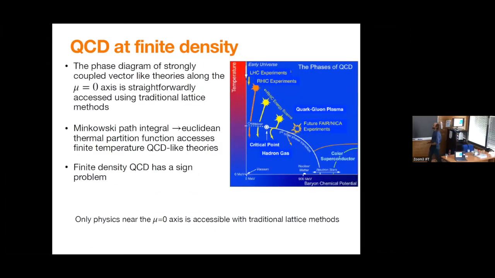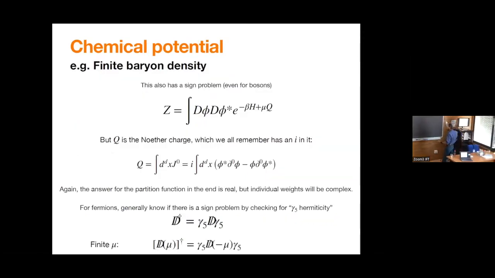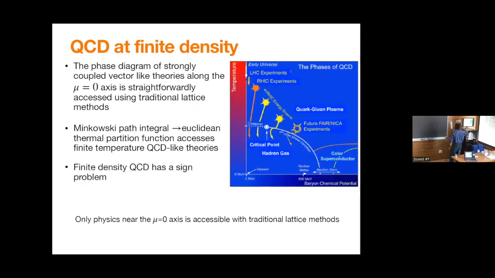Very good. Okay, and this is true for fermions as well, and there's a quick check of whether you have a sign problem, which is this gamma 5 hermiticity. If you have the chemical potential, then it does not satisfy this gamma 5 hermiticity, and so you have a sign problem there as well.